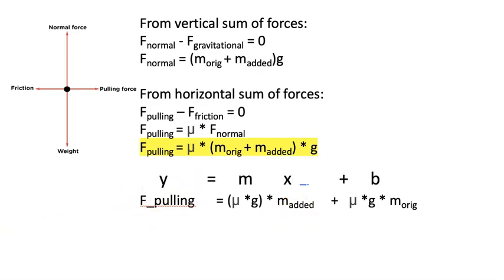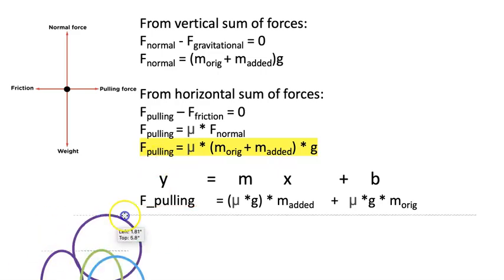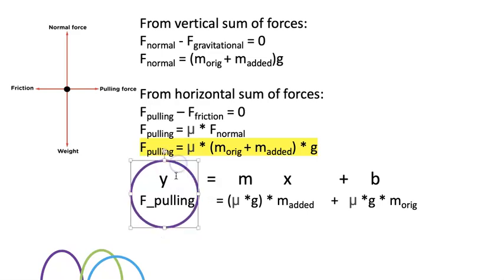So that means one of them is our x variable and one of them is our y variable. So I'm actually going to write directly above this the equation for a line, because when you graphed this, you got something that looked pretty linear. Some of you had a few hinky points, especially at the beginning, but it looked pretty darn linear. And so if I consider that the force that I'm pulling with is actually my y variable, so that's the thing that's on the y axis, and the mass that I've added, so I add a little bit of mass every moment, is my x variable.